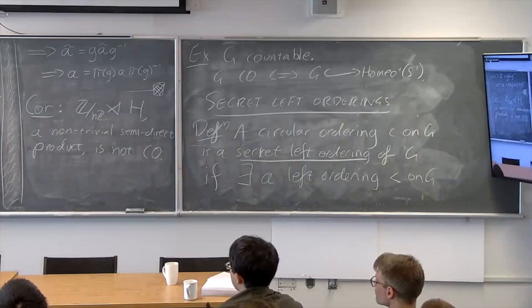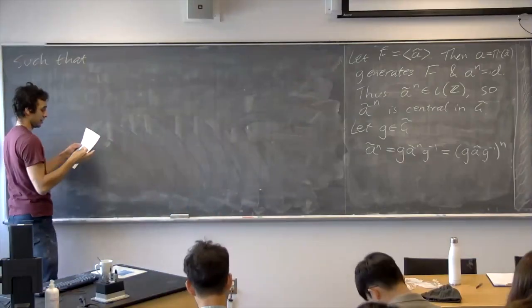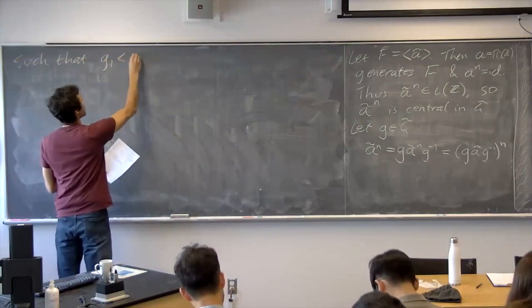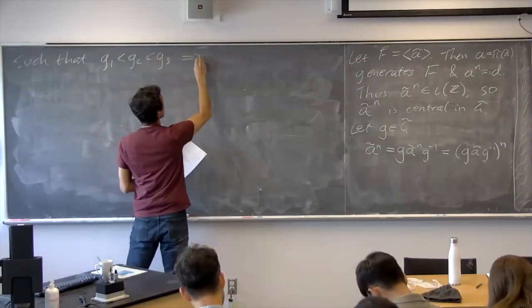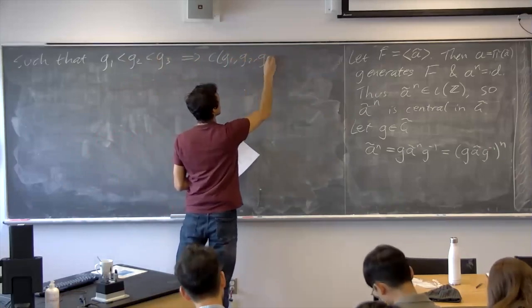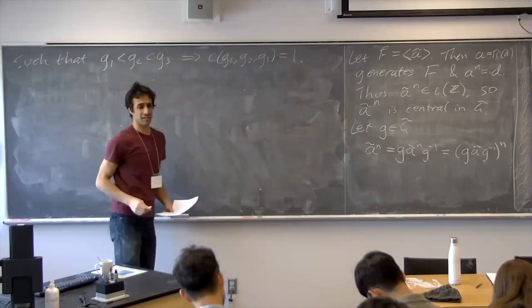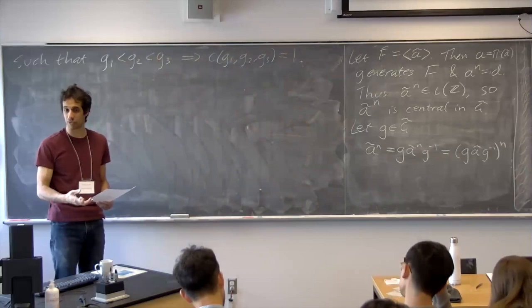So if there's a left ordering on G such that g1 < g2 < g3 implies that C of (g1, g2, g3) equals 1. This is the definition of being a secret left ordering. It's a circular ordering that comes from a left ordering.